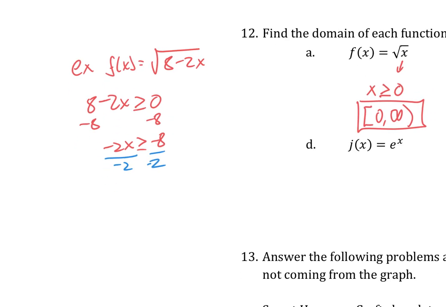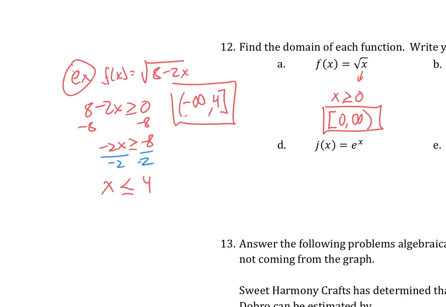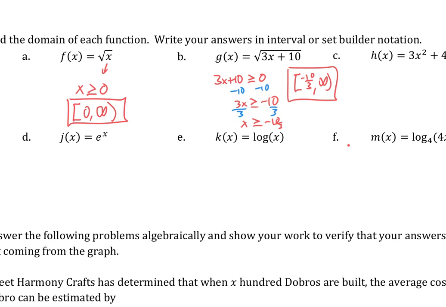Now watch out. Whenever you multiply or divide by a negative number with an inequality, you've got to flip the sign. So we divide by negative 2, so we flip it. So this example here would be anything less than or equal to 4, going down to negative infinity, right? So sometimes you've got to flip the inequality if you divide by a negative number.